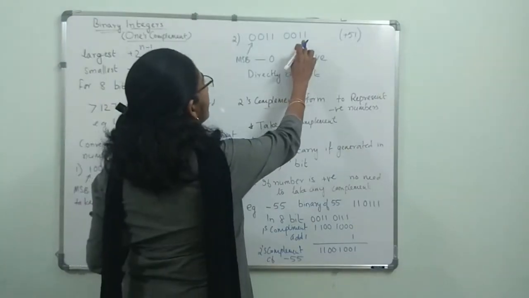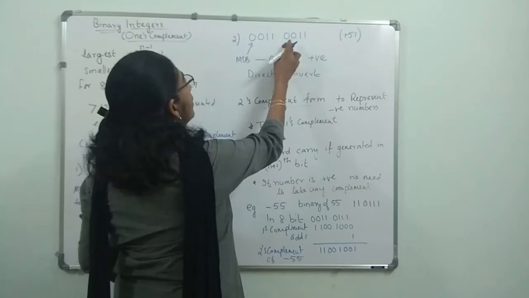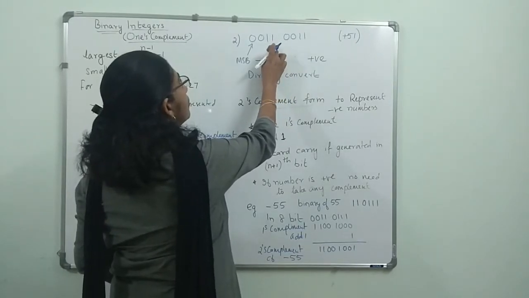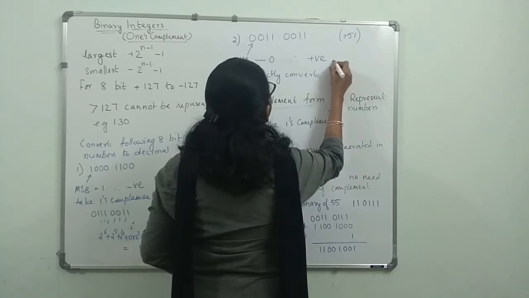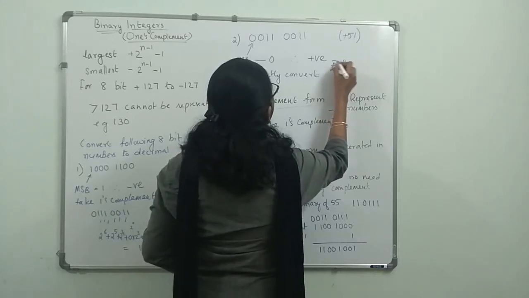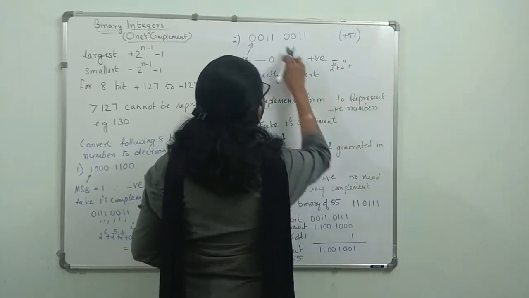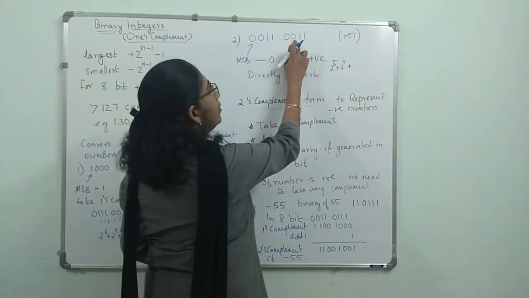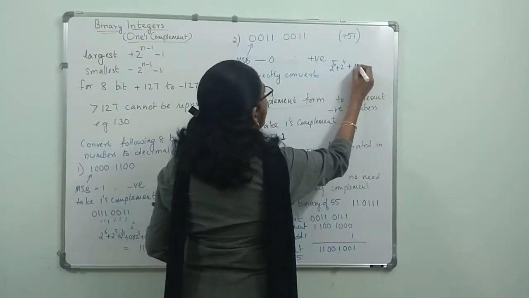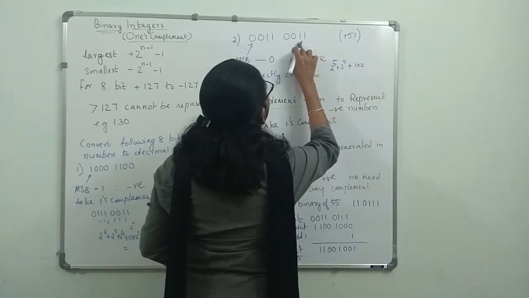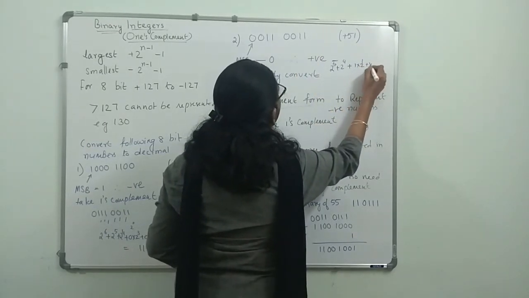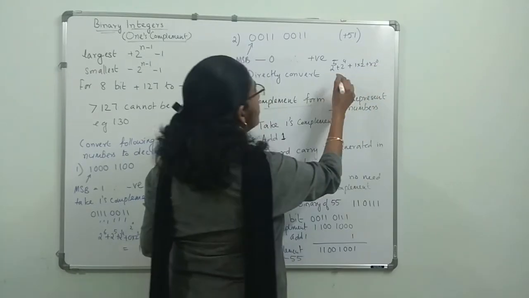This is 2 raised to 0, 2 raised to 1, 2 raised to 2, 2 raised to 3, 2 raised to 4, 2 raised to 5. So you will be getting 2 raised to 5 plus 2 raised to 4 plus 0 into 2 raised to 3 plus 0 into 2 raised to 2 plus 1 into 2 raised to 1 plus 1 into 2 raised to 0. You will get it as 51.